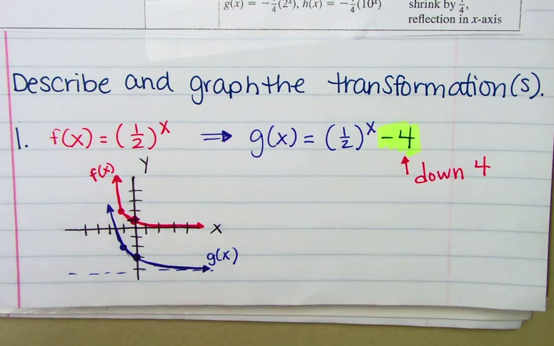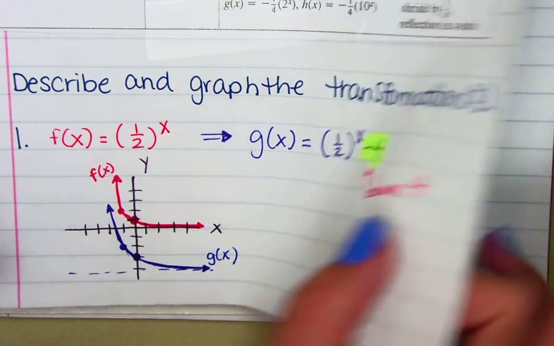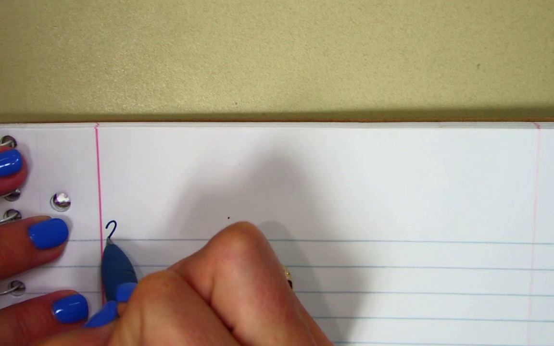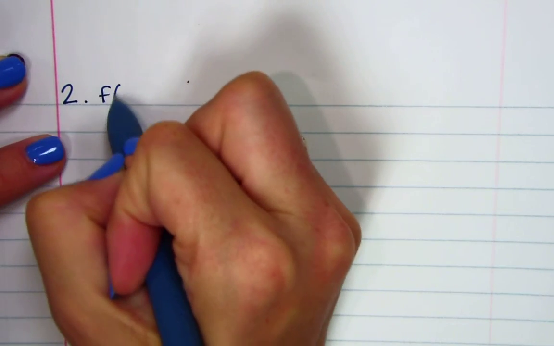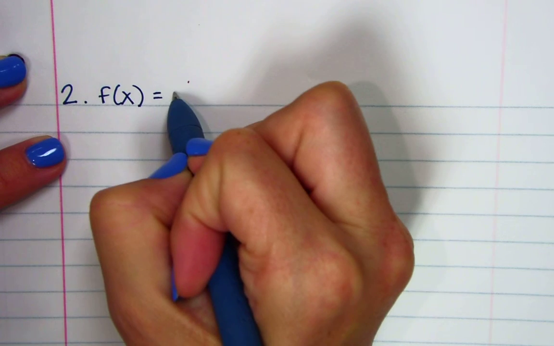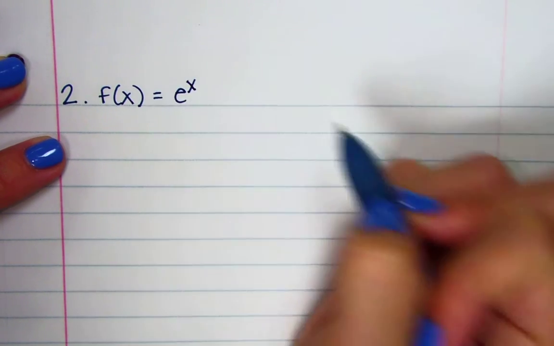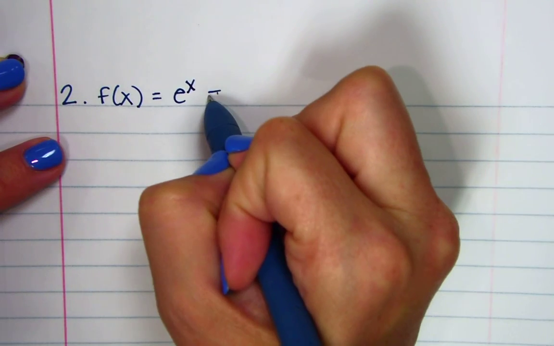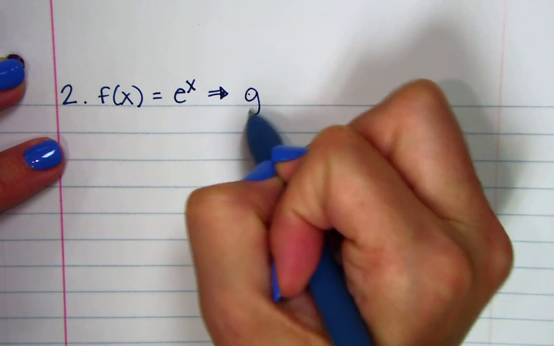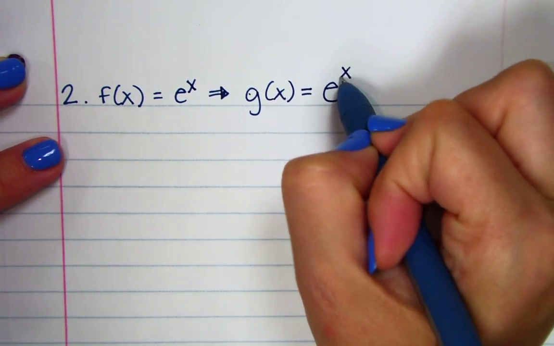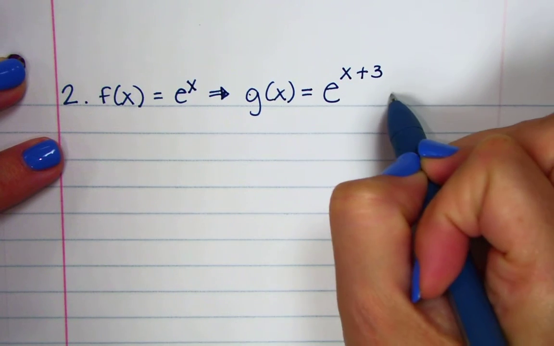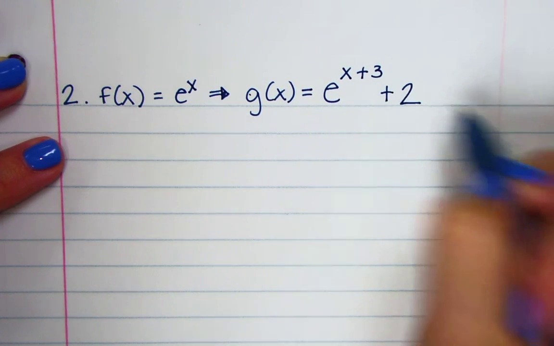You ready to move on? Okay, number 2. Again, we're doing 8 problems. I don't know if I said that or not. Number 2, f of x equals e to the x power. g of x equals e to the x plus 3, plus 2.